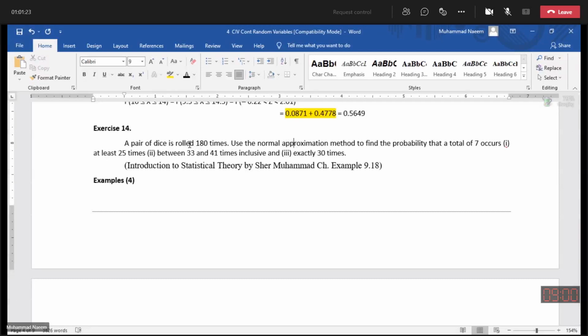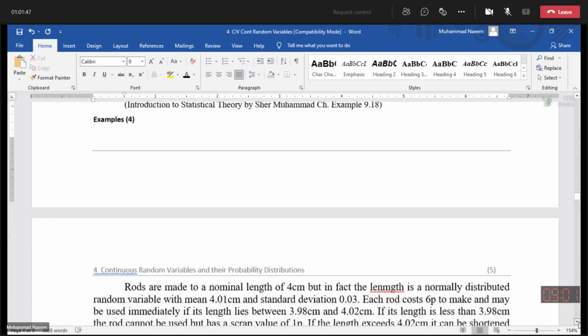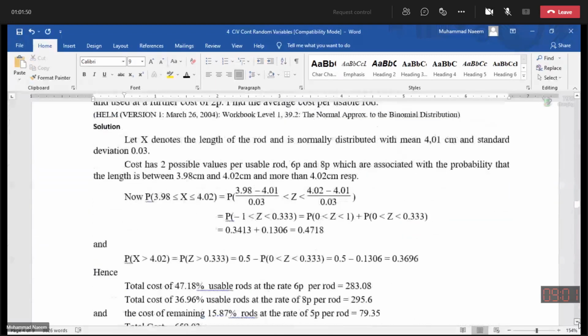That's why we approximate such a problem. Otherwise, we have to add up the terms from 33 to 41. So it is time consuming and difficult. It will include certain errors.